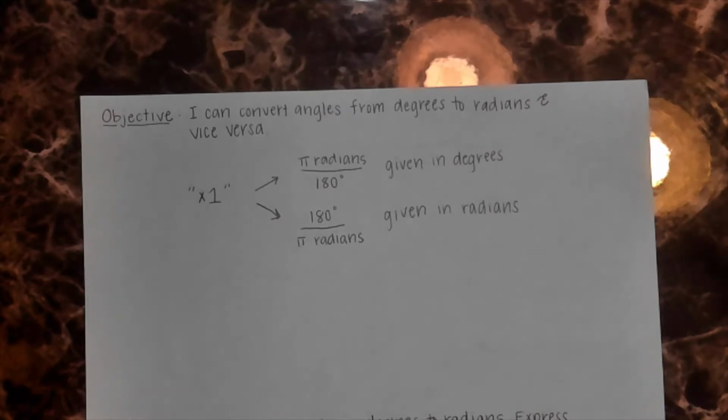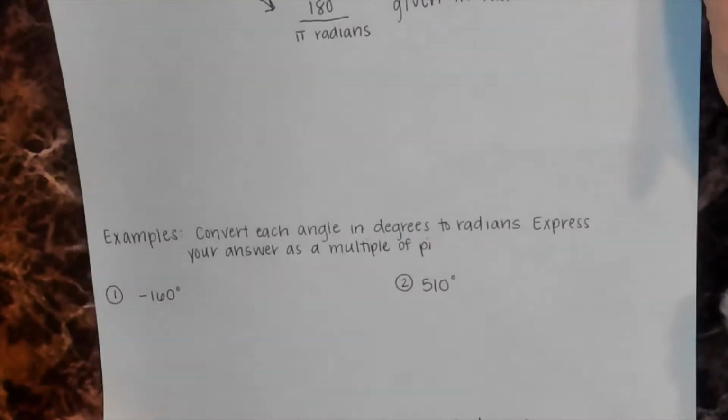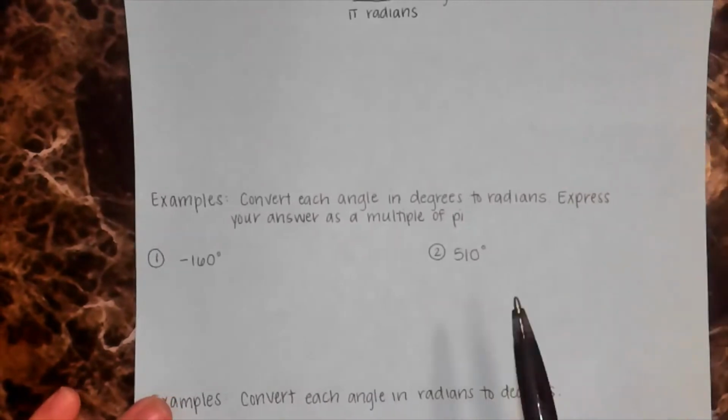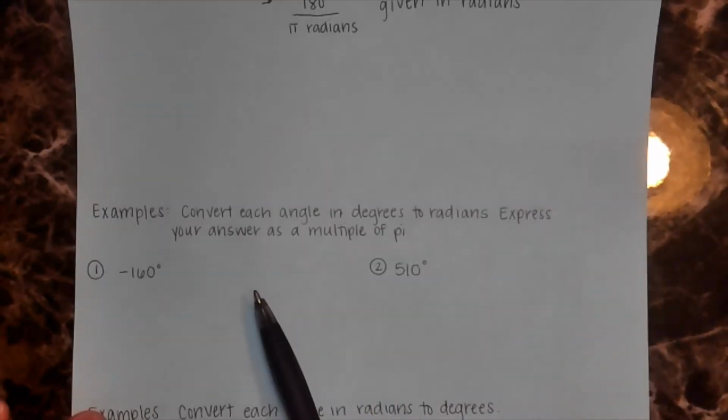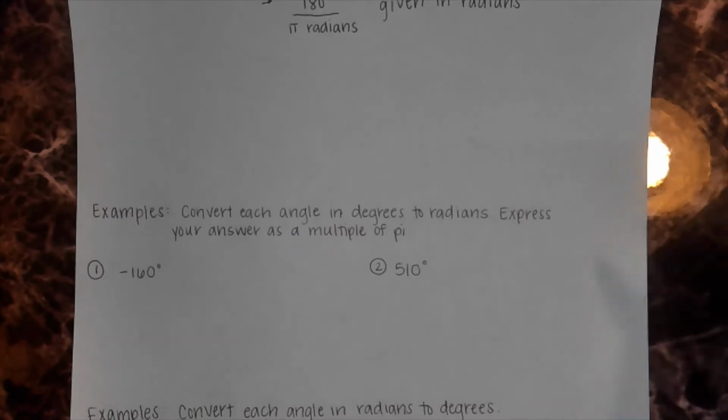Okay? So we're going to take a look at 4 examples today. The first 2, if we take a look at those, it says to convert each angle in degrees to radians. So we're going to express our answer as a multiple of pi. All that means is we will have pi in our answers.